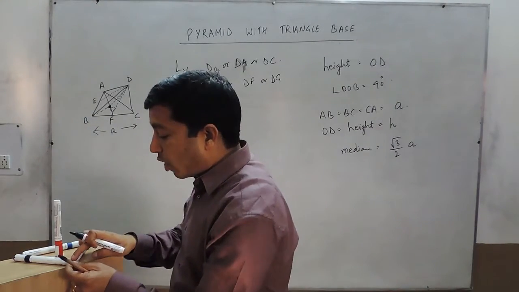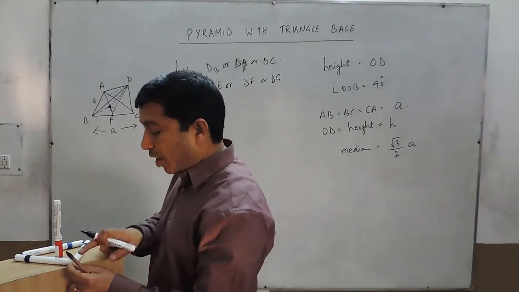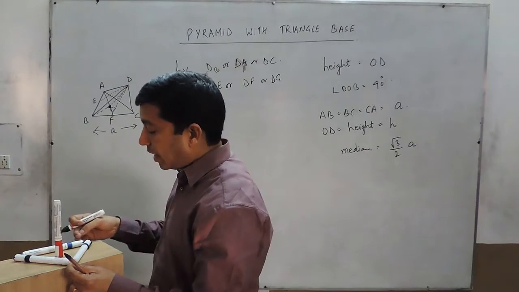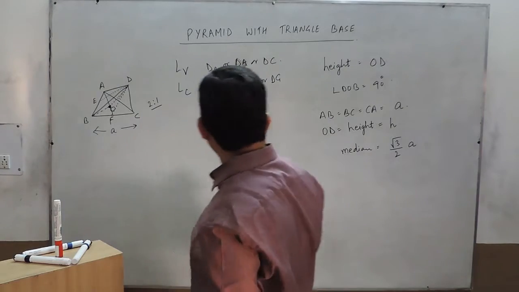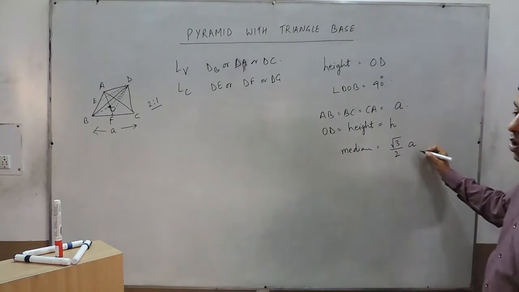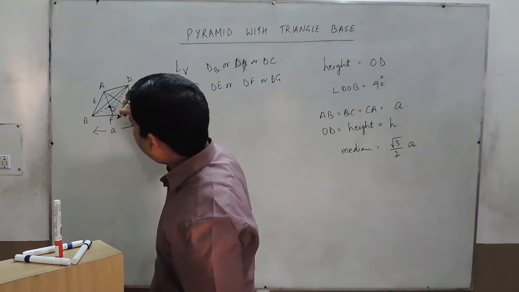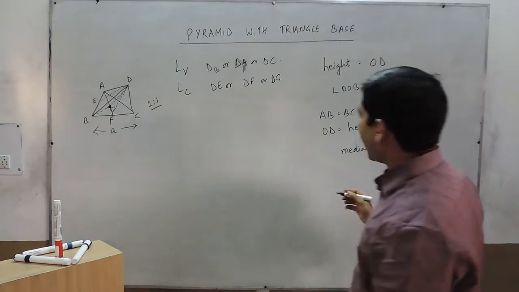So what we are talking about from this point, a point B to the midpoint of the side opposite to it, the length is root 3 upon 2 into A. I already told you that this point divides this median in the ratio of 2:1.